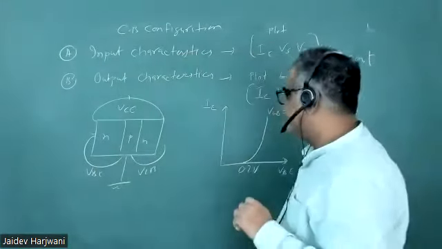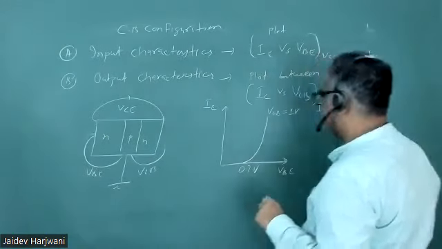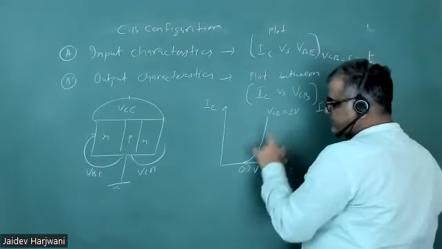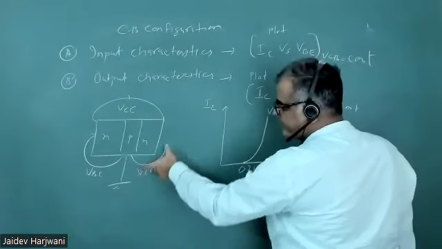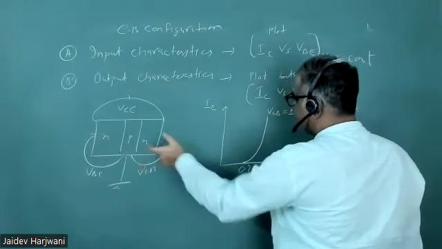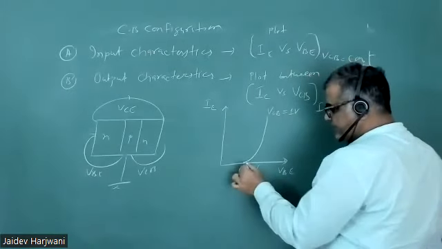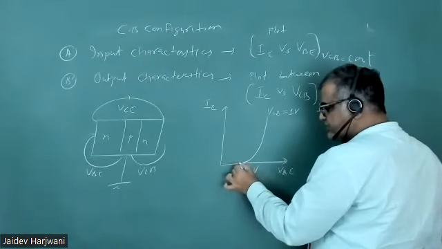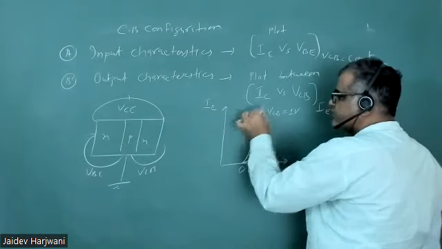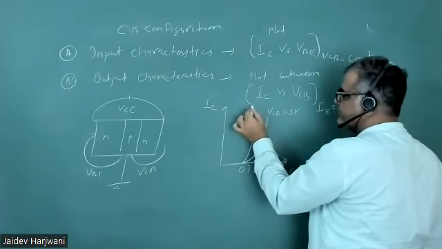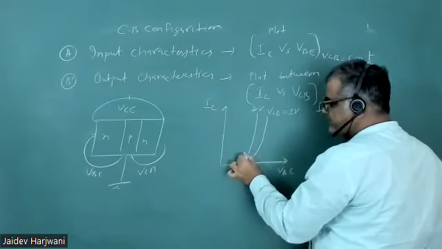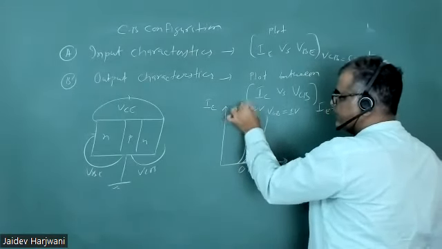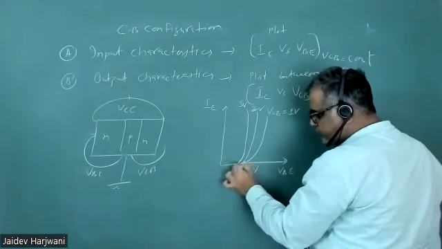Now, keeping VCB constant, suppose I increase the value of VCB, if I increase this biasing, what will happen? This VEB will be almost the same, but your current will change. Suppose I apply VCB equal to 2 volts. Similarly, if I apply VCB 3 volts, then this will be almost the same.